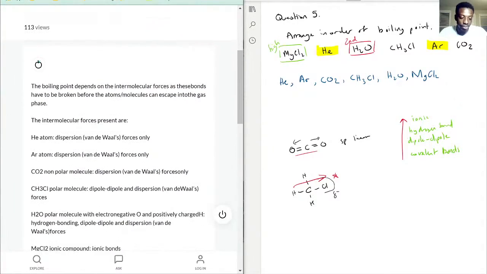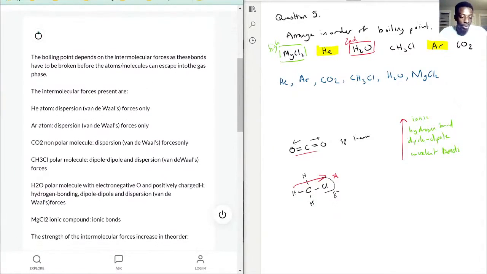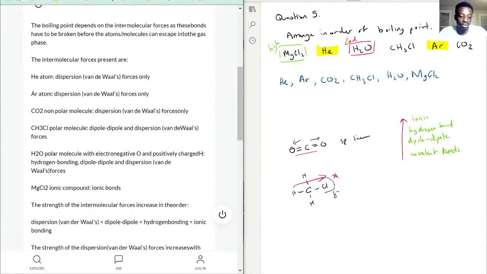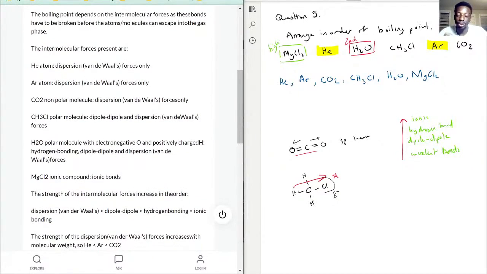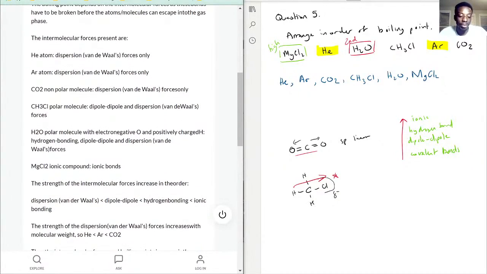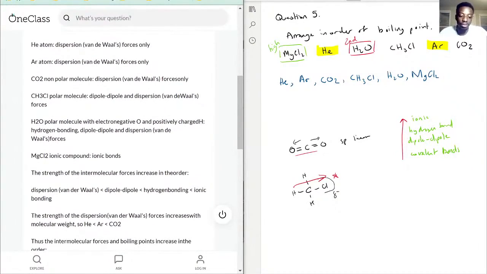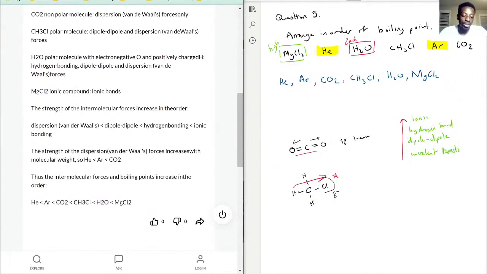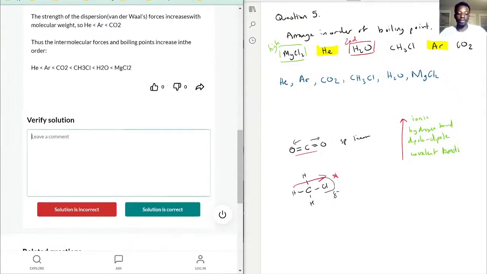And here they do talk about it as well, actually. It's a non-polar molecule, so exactly, it's just a covalent bond. CH3Cl is a polar molecule, has that dipole, hence why it's stronger. And then H2O, as we discussed, is a hydrogen bond specific case, that's why it's so strong. And then MgCl2 tops them all because it's an ionic compound. So exactly, this is correct.